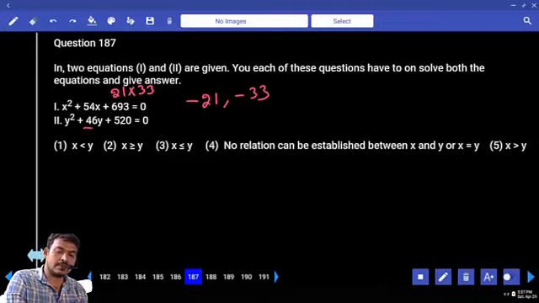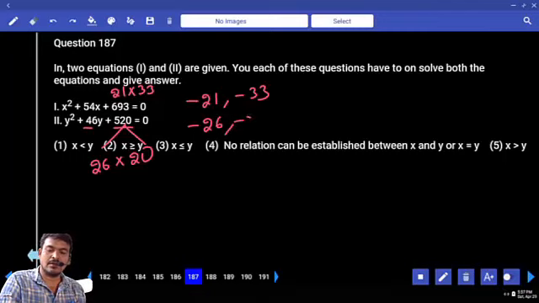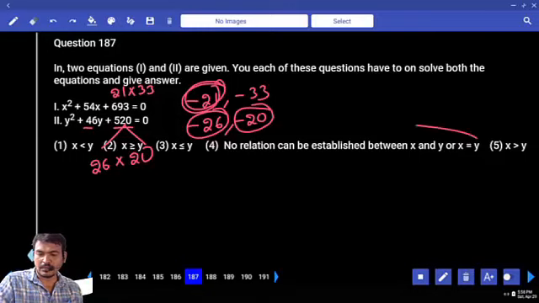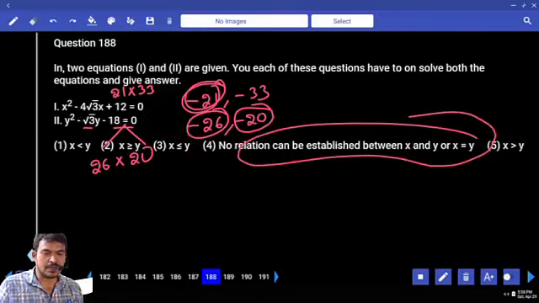Second one, 46 and 520. 520 is written as 26 into 20, because 52 is half. 26 times how many? 20 times. Then one will be minus 26, another one minus 20. Negative 21 compared to negative 26 is greater, but negative 21 compared to negative 20 is lesser. Then the answer is no relation.